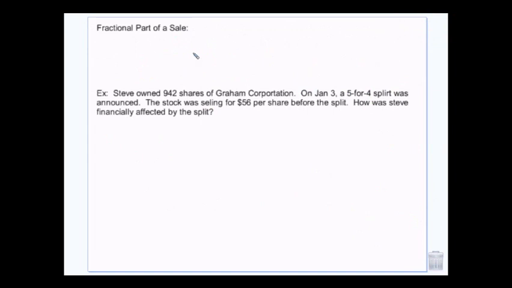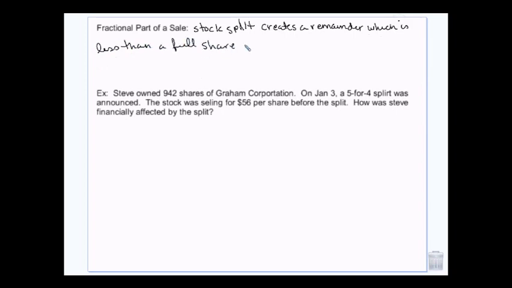Sometimes you have a stock split and it creates a remainder. Okay, let's say I had 15 shares of stock and I was given a 1 for 2.